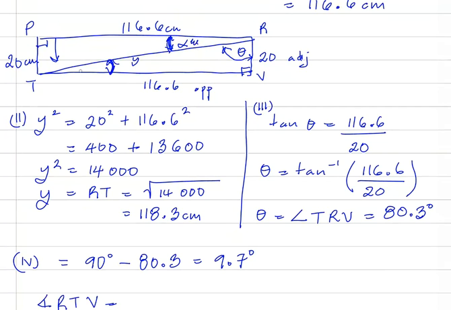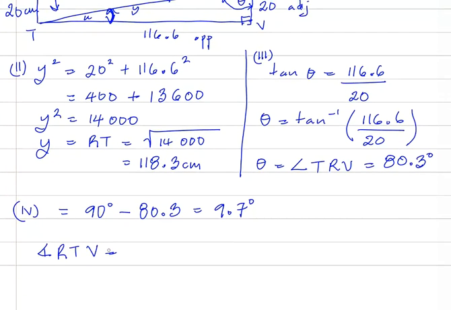This angle here, this angle here, they're equal, they're alternate angles. So RTV is the same as angle what? TRP. So this is equal to angle TRP, and they are alternate angles.